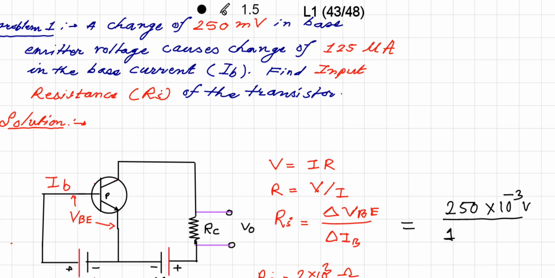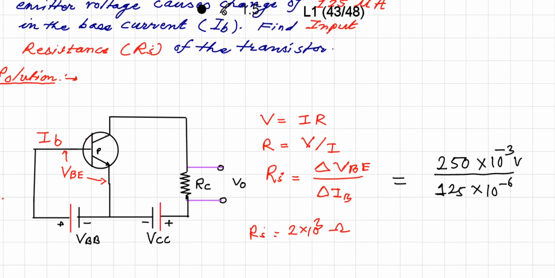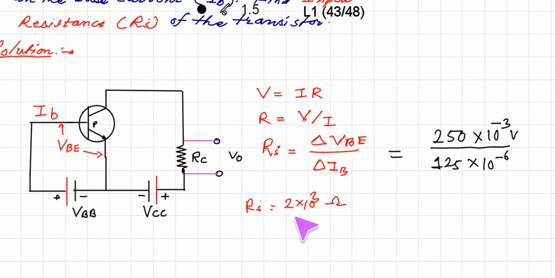So that is 125 into 10 raised to minus 6, and from this we get the resistance value is 2 into 10 raised to 3 ohm, that is equal to 2 kilo ohm. So this way we can solve this.